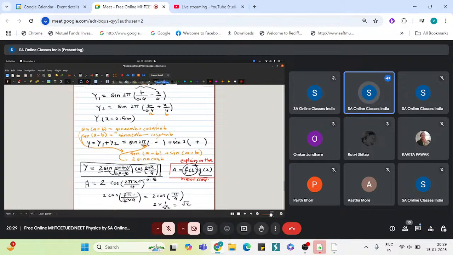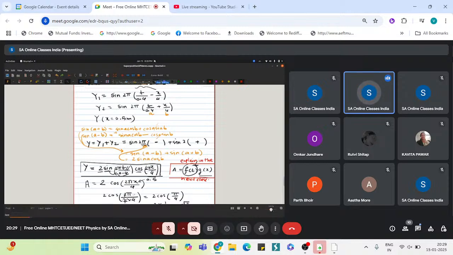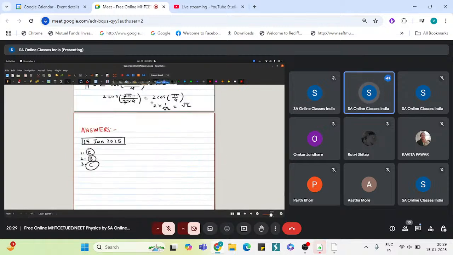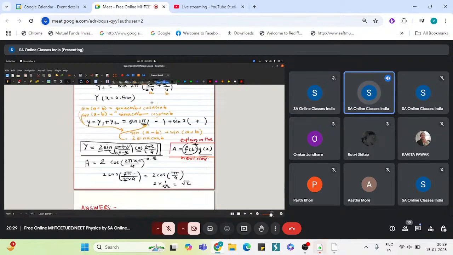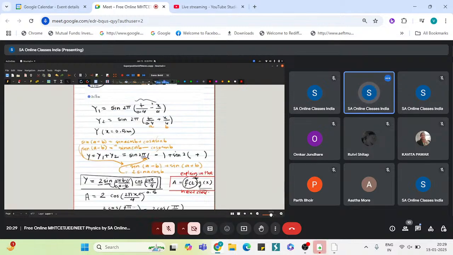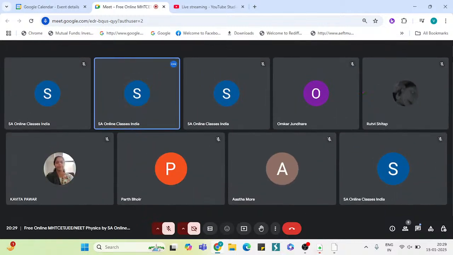I think I will stop here, and I will put these notes on the drive, so you can take a look at the formula and everything. I will start putting homework questions once we cover a little more, and then I will start giving questions for your homework. And then I will stop now, and we can continue from here in the next class.